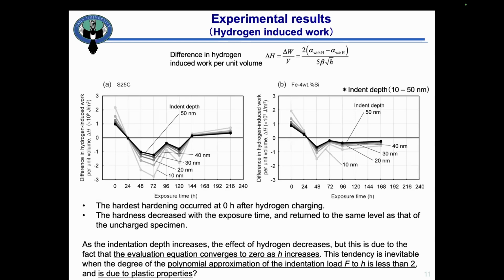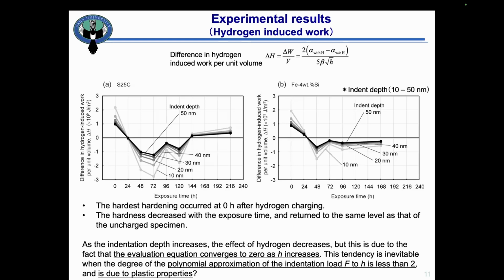The hardest hardening occurs at 0 hour after hydrogen charging, the first point. And second, the hardness decreases with exposure time like this, and returns to the same level as that of the uncharged specimen, the original state, beautifully recovered.